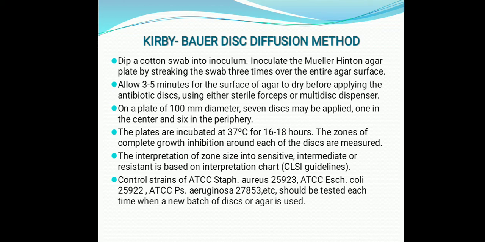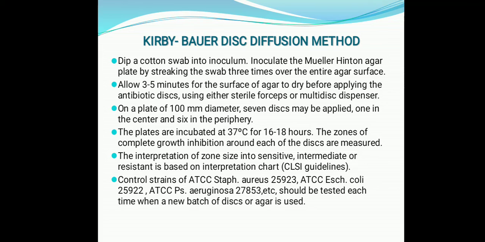Then we will allow 3 to 5 minutes for the surface of the agar to dry before we apply the antibiotic discs. We can use either sterile forceps or a multi-disc dispenser for applying the discs on the plate. On a plate that is 100 mm in diameter, we can use 7 discs: one in the center and 6 in the periphery.